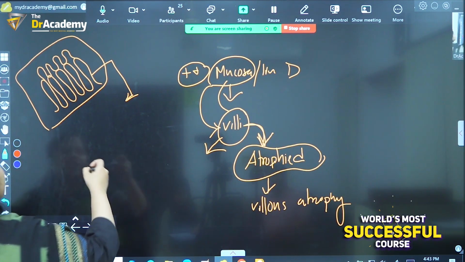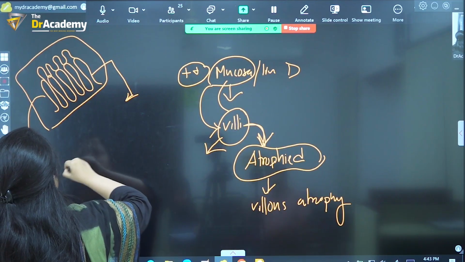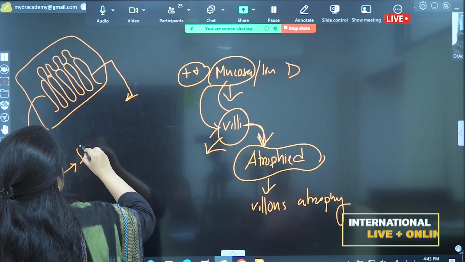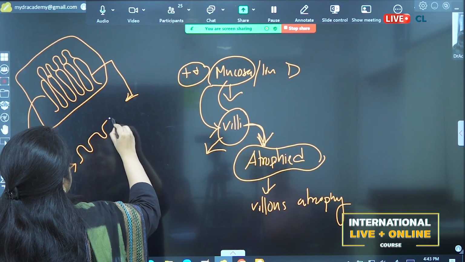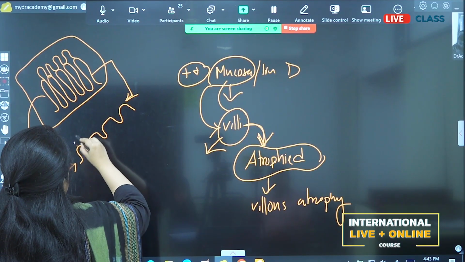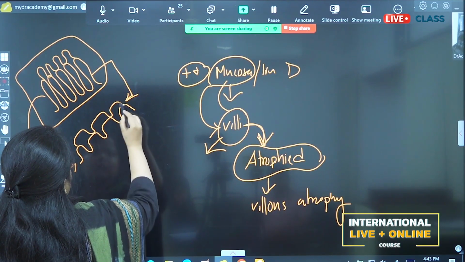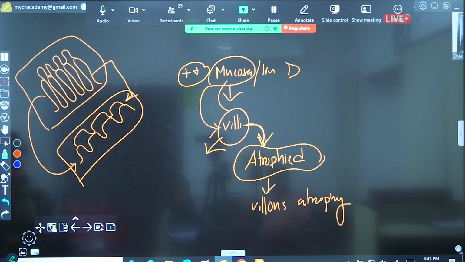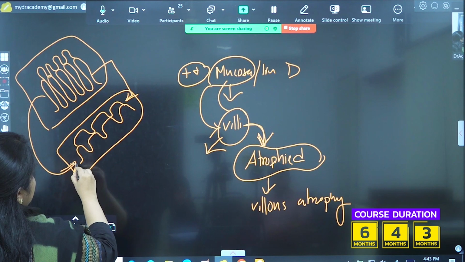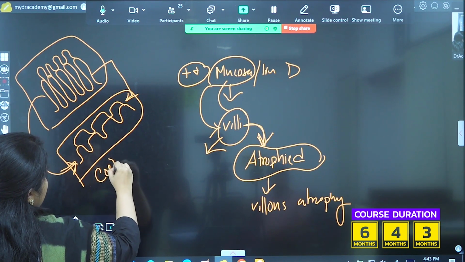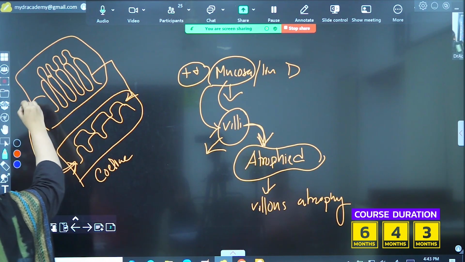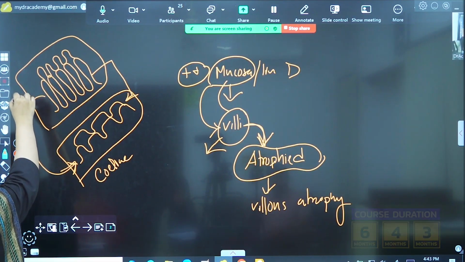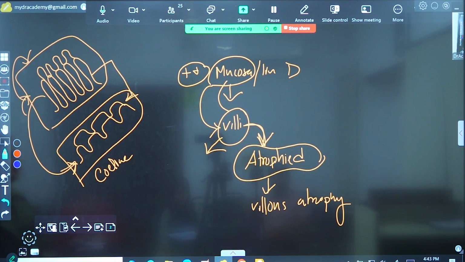The tall columnar villi are converted into this type. Okay, so these are flattened. Yes, so this is villus atrophy. In celiac disease we will find these things, and in a normal patient we will find these things. Okay, so this is the villi.